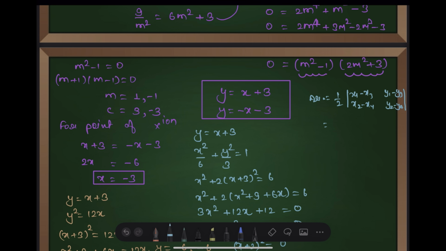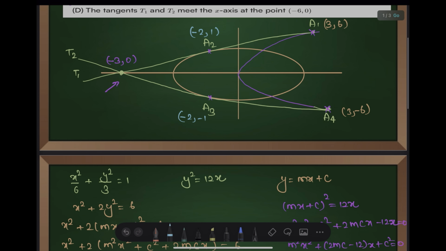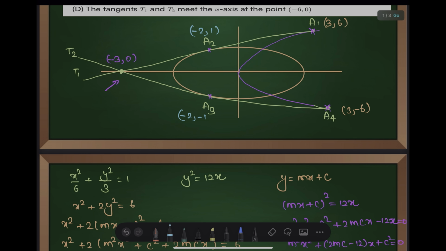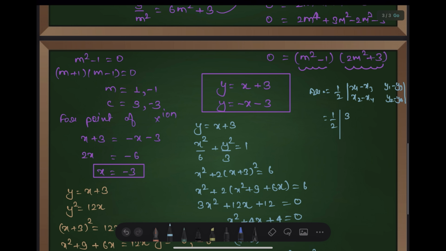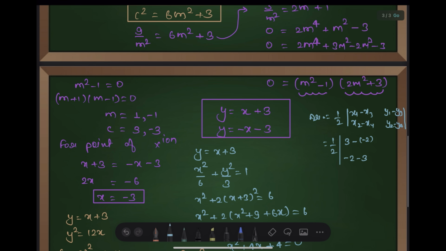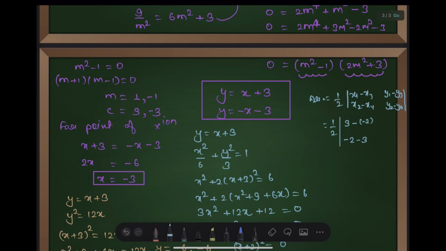Okay, this way we used to find area. 1 by 2, I'll go with x1. Okay, I'll write these points.